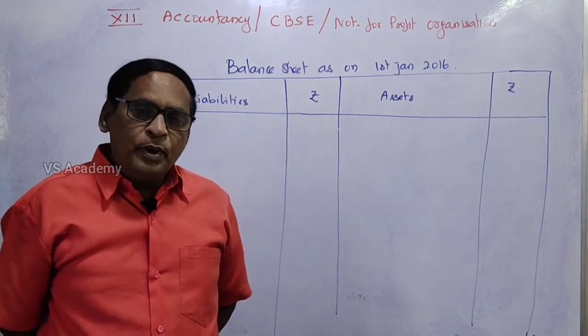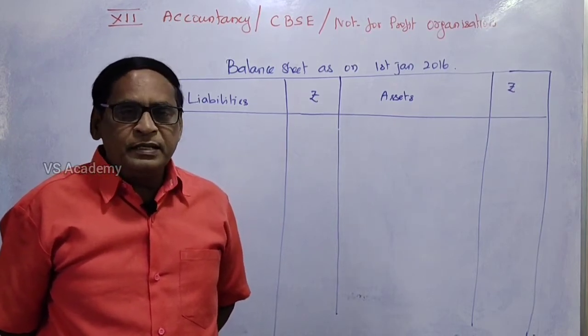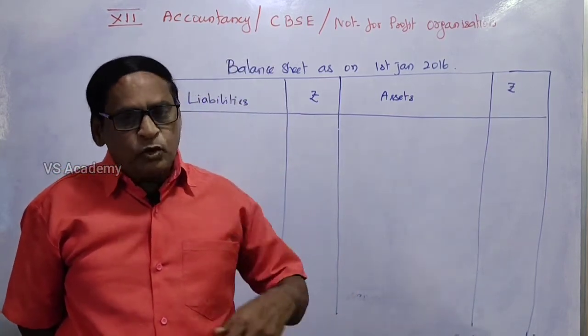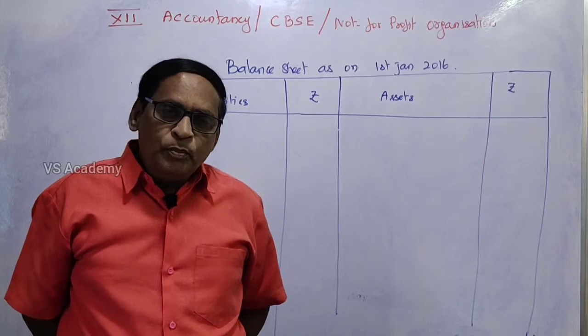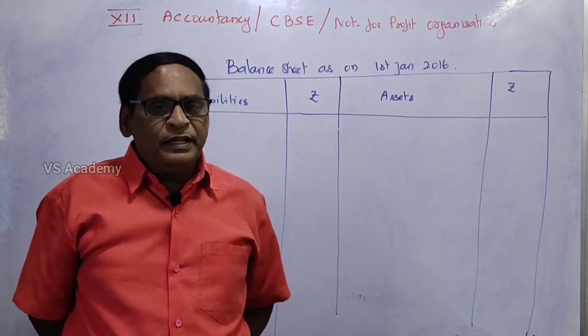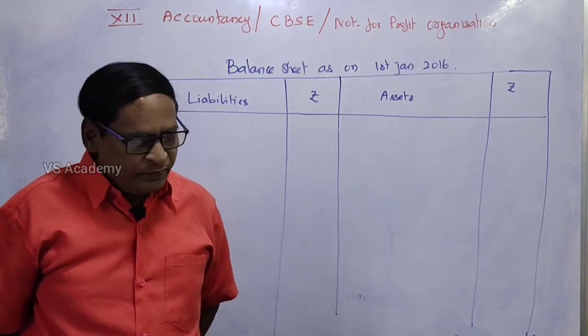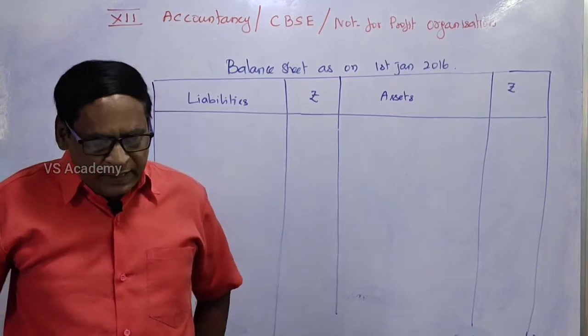And then we have to prepare the opening balance sheet in order to find out the capital fund, because the capital fund is not given in the question. And then we have to prepare the closing balance sheet. Let us prepare the opening balance sheet.